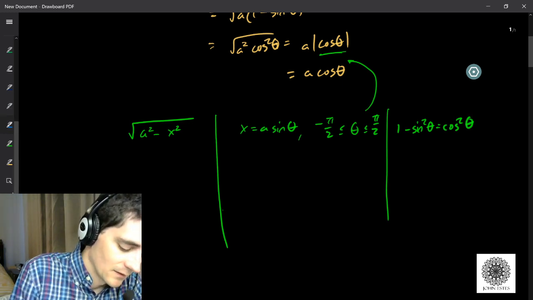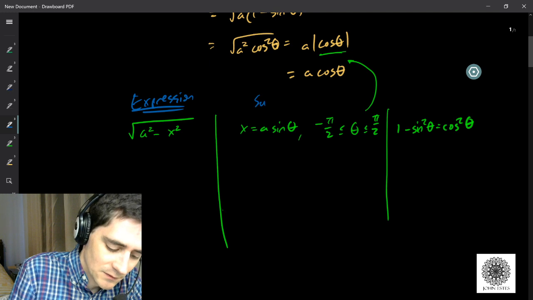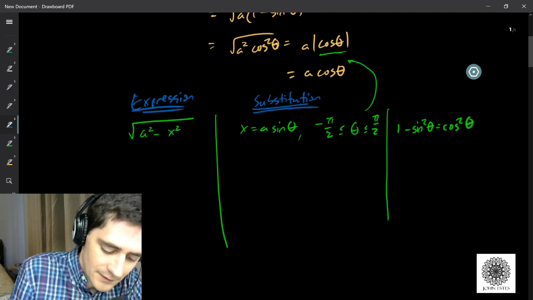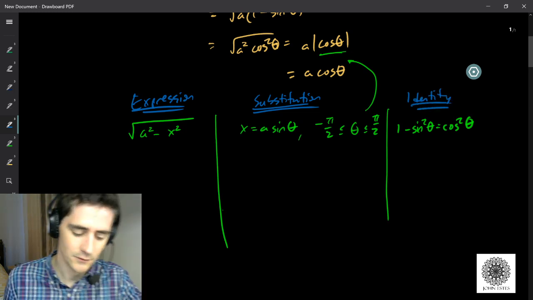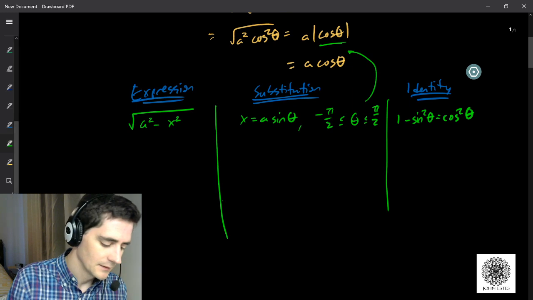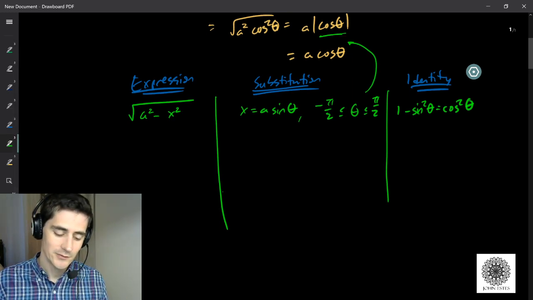So if I'm making this a table, here's my expression. That's what I start with. Here's my substitution. And then here's the identity that makes this substitution useful. And what we'll see is you can actually draw a triangle. I mean, we're doing trigonometry, right?